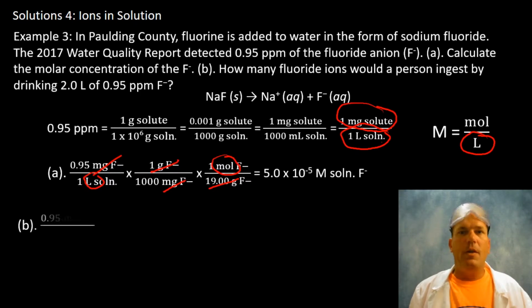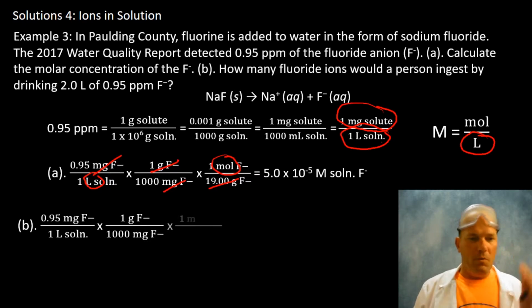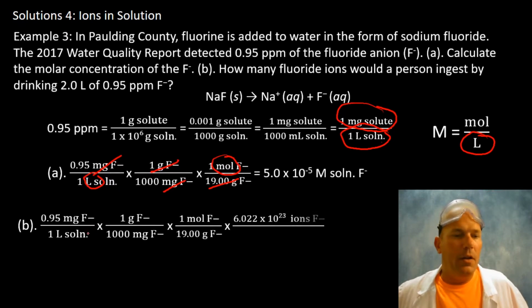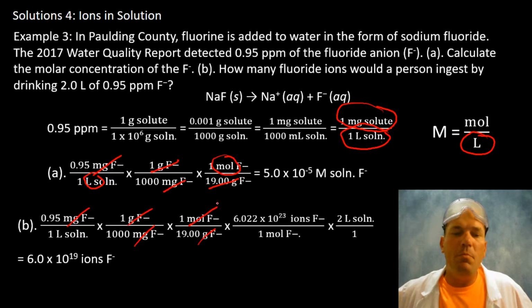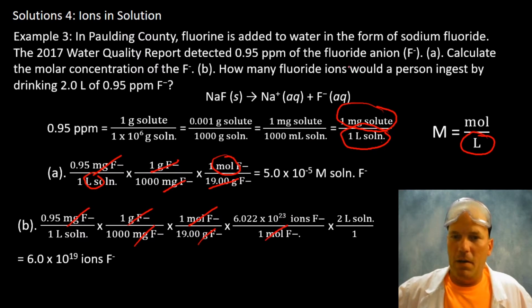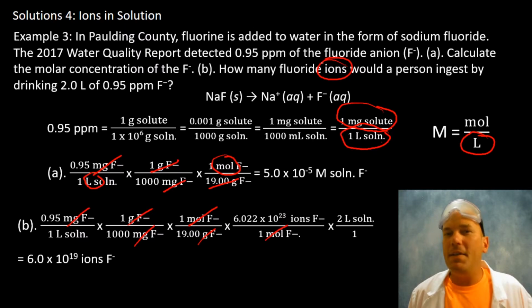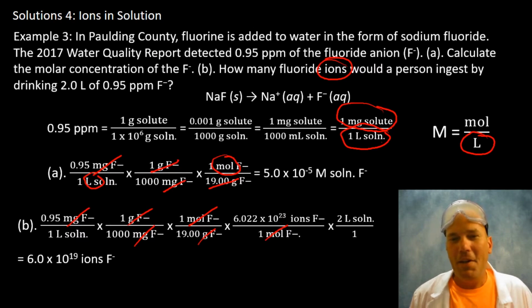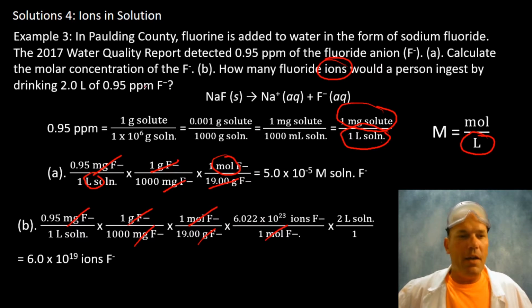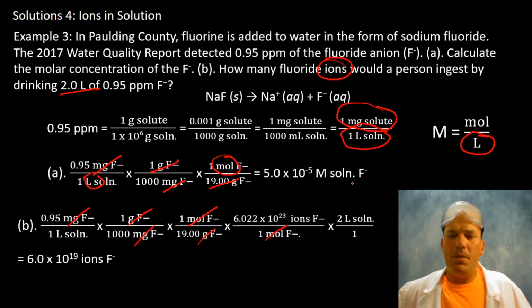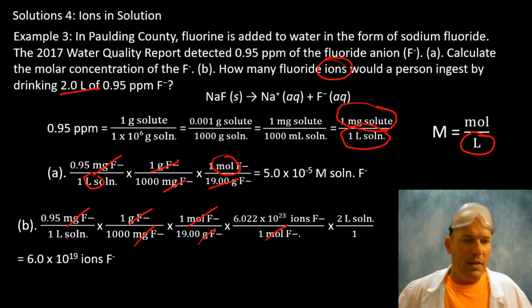So for part B, we start off very similar. Milligrams, grams, molar mass tie-in. Except here we say in 1 mole, because we already made a big deal out of this in problem number 2, ions, so we're using Avogadro's number in this one. And then lastly, we have 2 liters. So don't forget we have 2 liters. We need to throw that in at the end of our dimensional analysis.